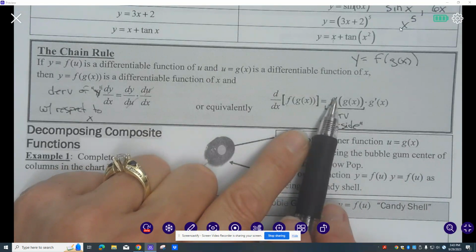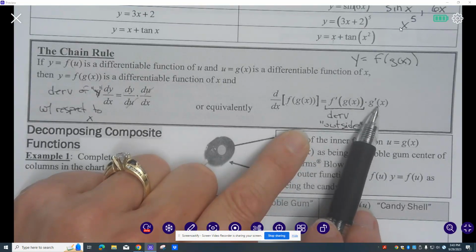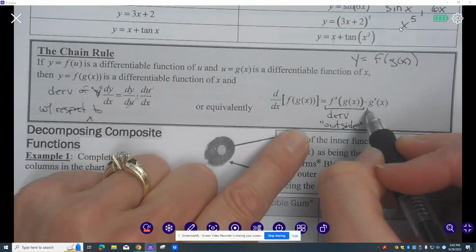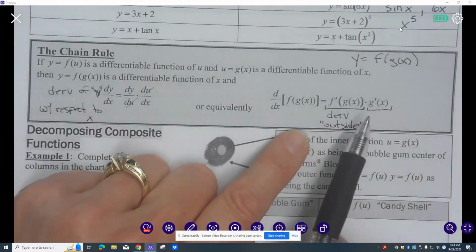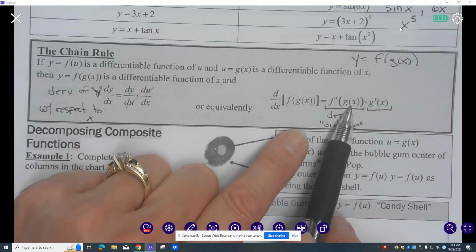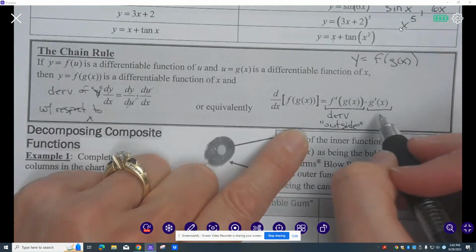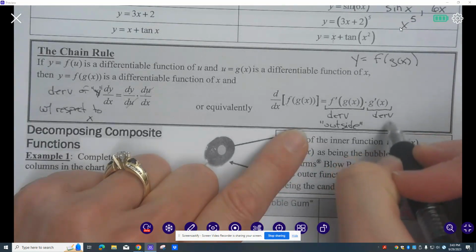This is the derivative of f. You can see that we have plain old g of x inside there, times g prime of x. So the way you want to think of this is the derivative of the outside with the inside unchanged times the derivative of the inside.